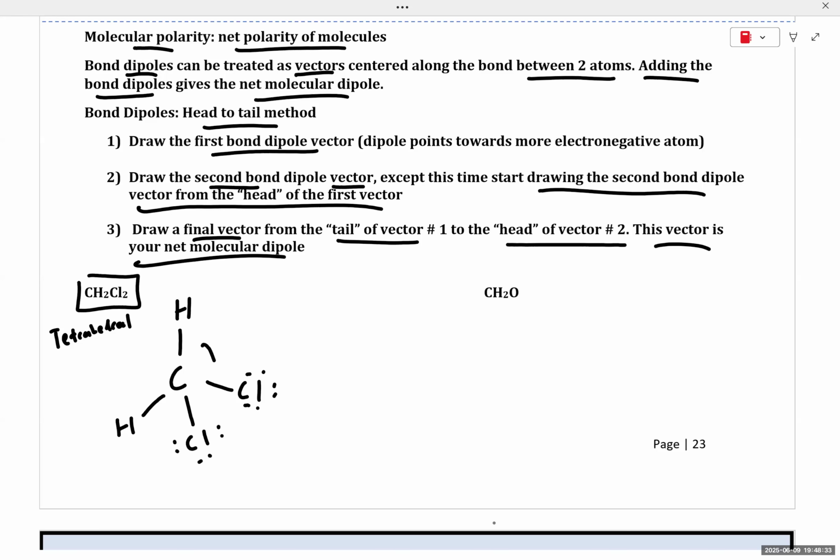And as such, I'm going to make sure that these bond angles are about 109.5 degrees. Okay, now that we have that established, let's draw this molecule in a way that's a little easier to apply the head-to-tail method, just so it can be very easy for us to see.